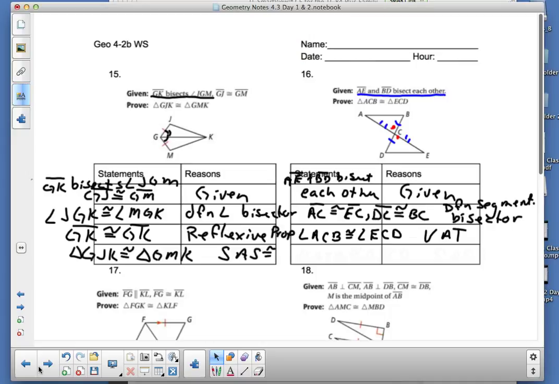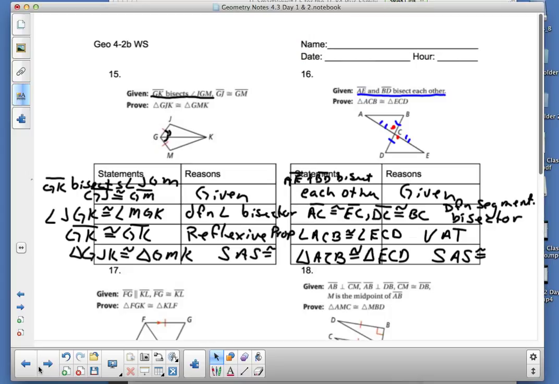Now look at what I have. I have a side, well actually two sides, that make the angle that's congruent. So I'm looking at a side angle side formation here to finish out my proof. And that's how I know that I'm done, because I have achieved my goal to prove two triangles congruent to each other using one of the four.